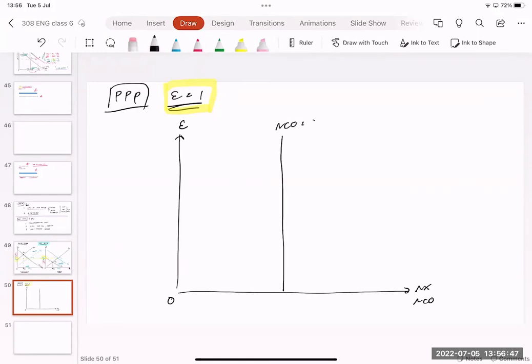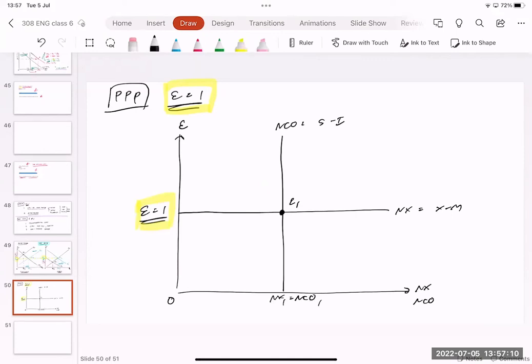NCO comes from S minus I. And NX is going to be a horizontal curve. This is NX equals X minus M. It is a horizontal curve because the real exchange rate is always equal to 1. And the equilibrium point is going to be here, E1, with NX1 equal to NCO1.